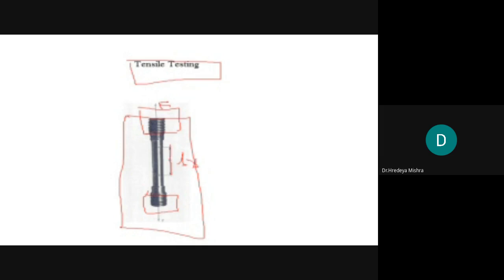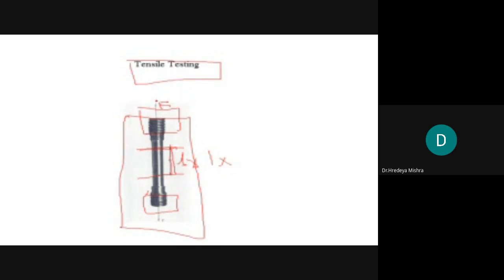And this is your F and this is your Lx. So what is Lx? Lx is the area where we are going to conduct the test. We only observe the deformation and changes in this length.